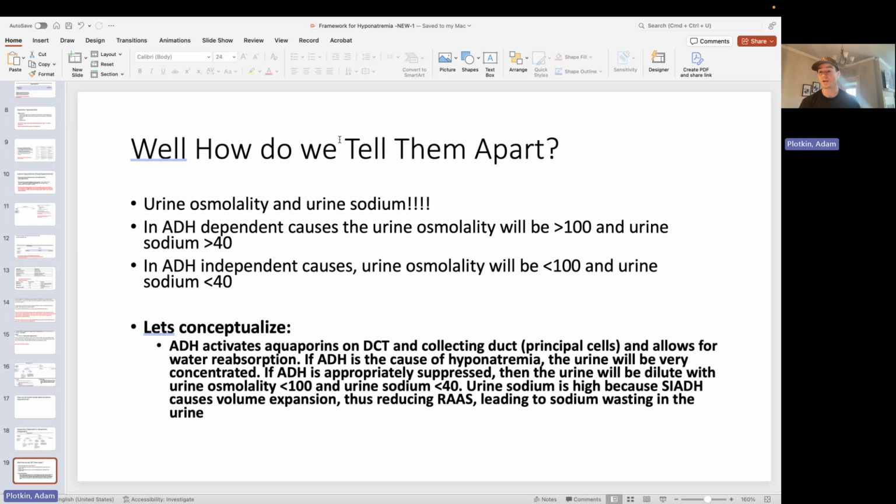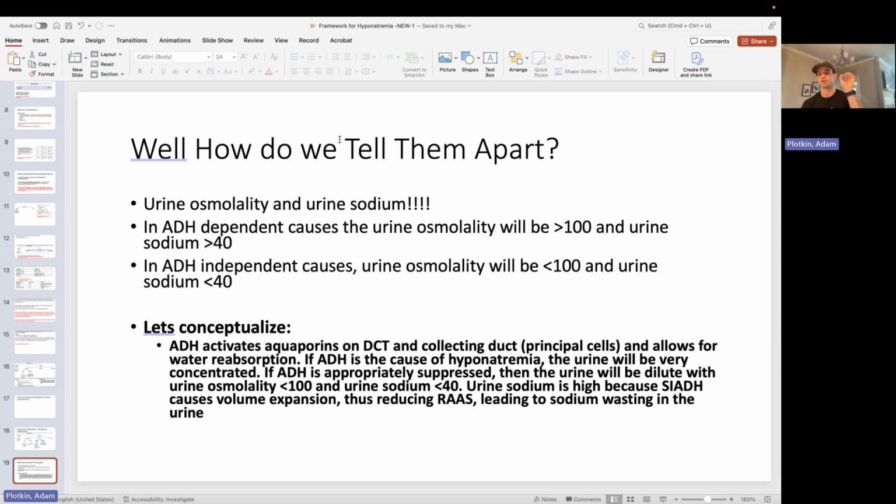If it's an ADH independent cause and ADH is appropriately suppressed, because remember, when serum sodium is low, it should be suppressing the release of ADH, there's no translocation of those aquaporins. A lot of the water stays in my tubule system and it really dilutes out my urine. So the urine osmolality should be less than 100. And we can look at the urine sodium in these cases, but it's not really going to tell us much more than we already know.